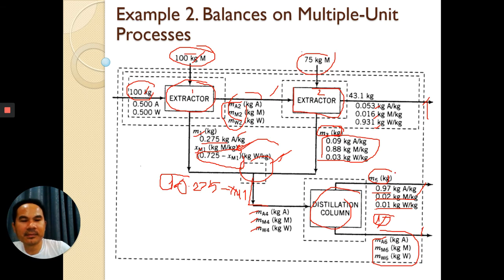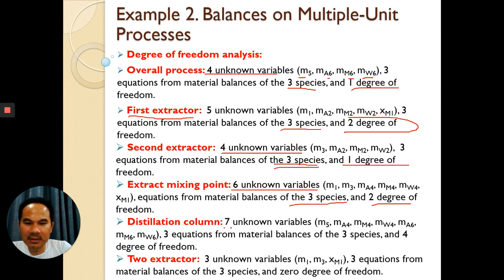For the distillation column, we have 1 feed with 3 unknowns: MA4, MM4, MW4. And 2 outputs: M5, MA6, MW6, M6. That's 7 unknowns, but we have only 3 independent equations, so 4 degrees of freedom.